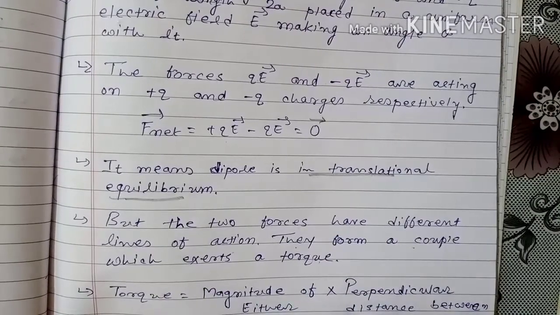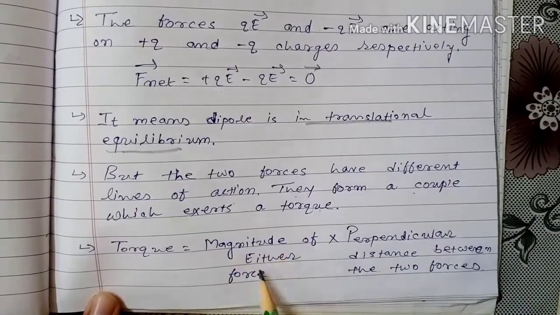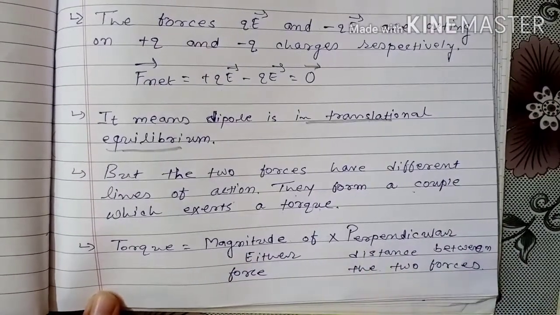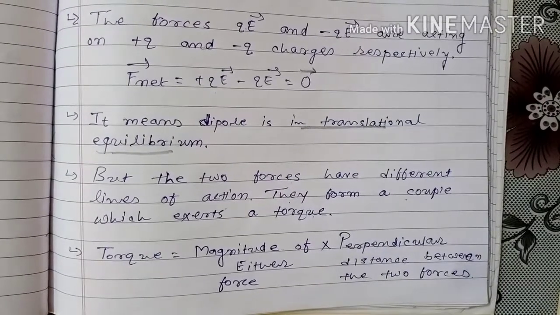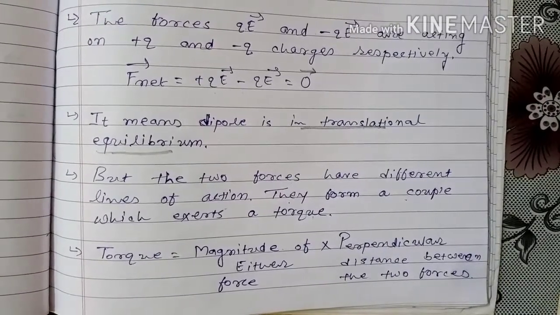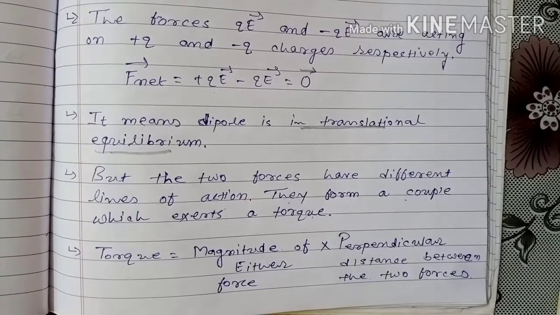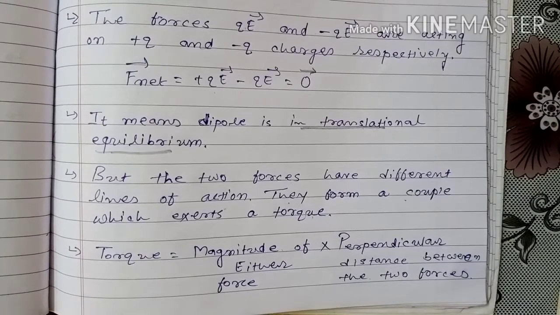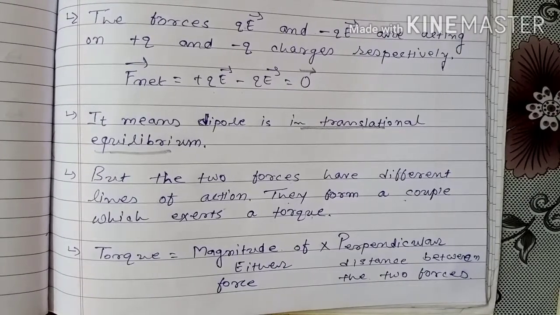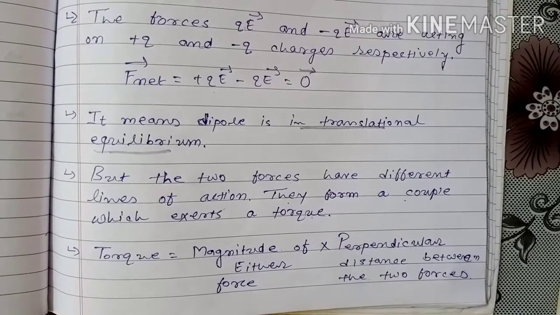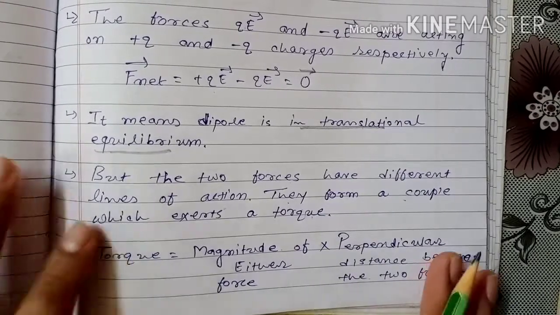Torque is equal to magnitude of either force into perpendicular distance between the two forces. Magnitude of either force means force acting on positive charge or force acting on negative charge, but we have to consider magnitude. The magnitude of both forces is same, that is QE, into perpendicular distance between the two forces. So first we have to find the perpendicular distance between the two lines of action.